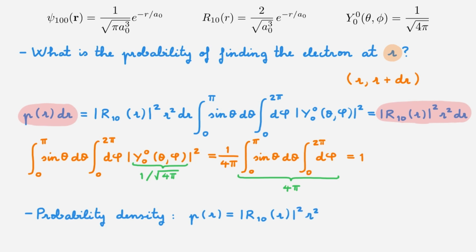We can find an explicit expression for it by plugging in the value of the radial function for the ground state we have at the very top here, and we get this prefactor times r squared times this exponential. This expression gives the probability density associated with finding the electron at a distance r from the proton, irrespective of the direction. And this probability density is what we will use next to learn more about the ground state of the hydrogen atom.